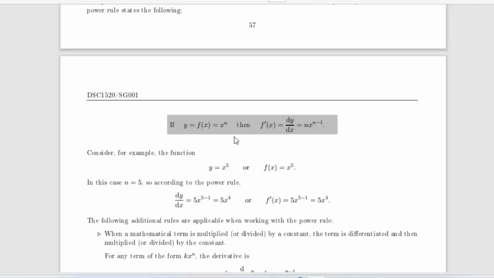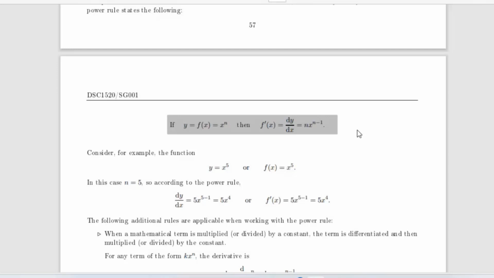It comes back to what we spoke about in the previous example. Do you see x? Do you see y, which equals f of x equals x to the power n? What is the derivative of x to the power n? You take that n, you bring it in front, and then to that n, you subtract 1. Is this not what we did in the previous example?